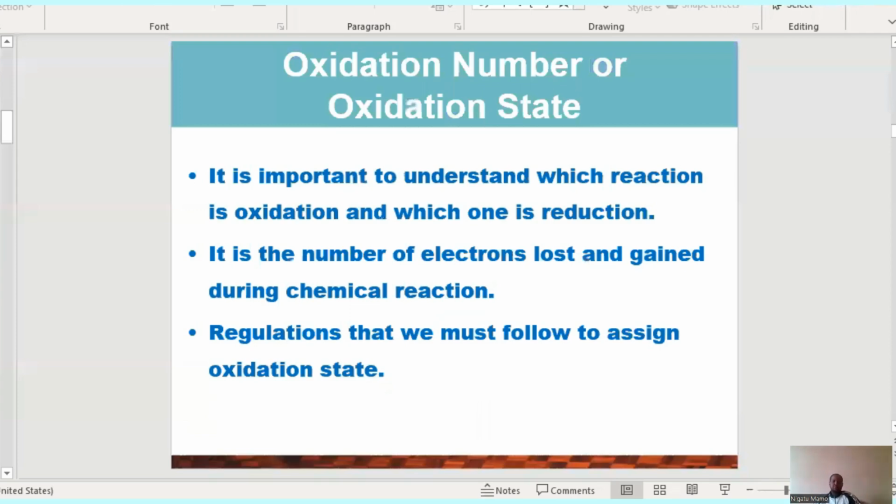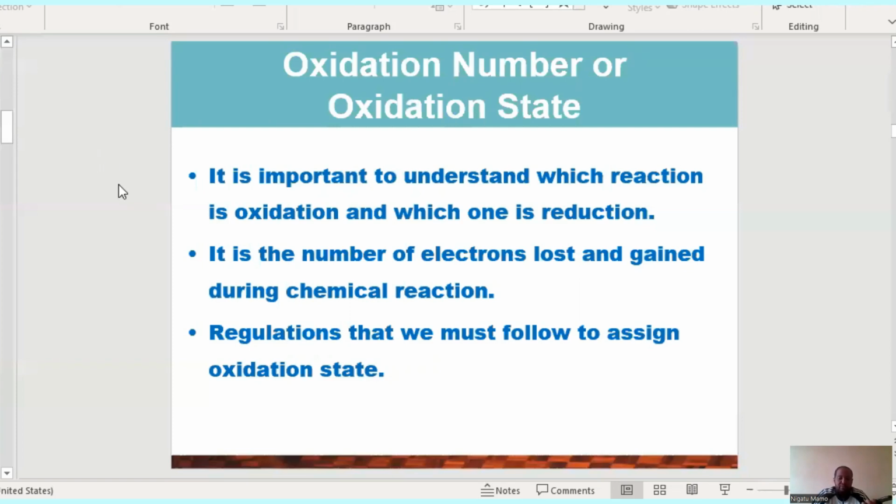Okay, how can we identify whether a chemical reaction is an oxidation or reduction reaction? First, you have to understand what oxidation number and oxidation state mean.